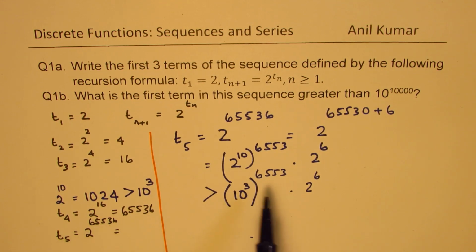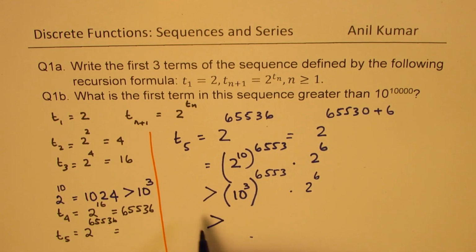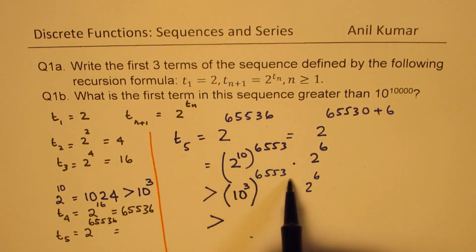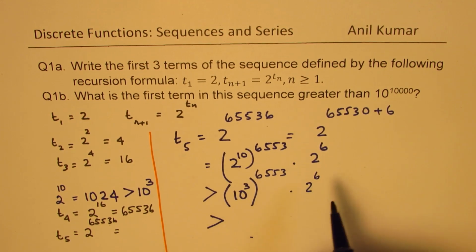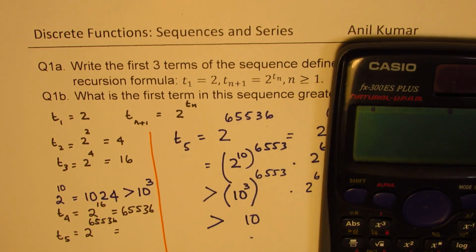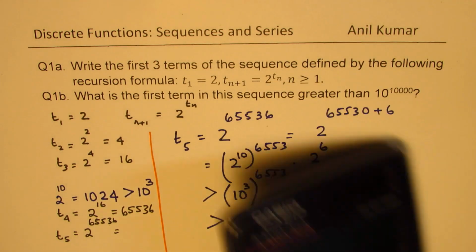So now what is this? Well, that means that the fifth term is greater than 10 to the power of 3 times 6553. Let's use this. 3 times 6553 is equal to 19659.